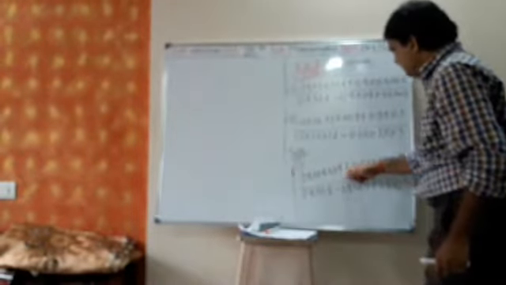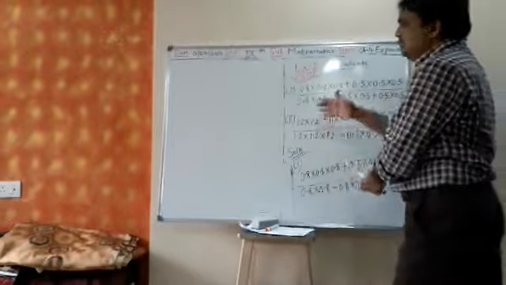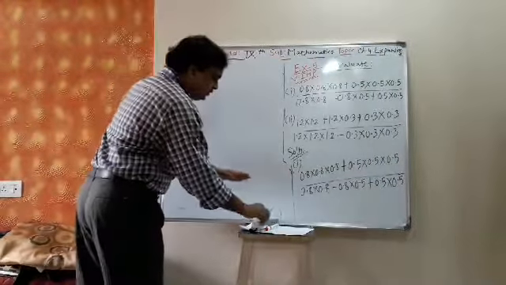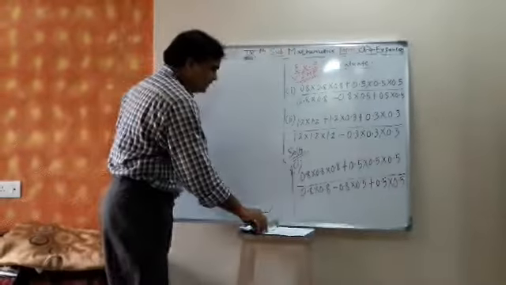Multiplication is there, but there is a plus sign. If this plus sign and minus sign were not there, then we could cancel. So you cannot cancel. Second thing: don't directly multiply and write the answer. That will not give you full marks.